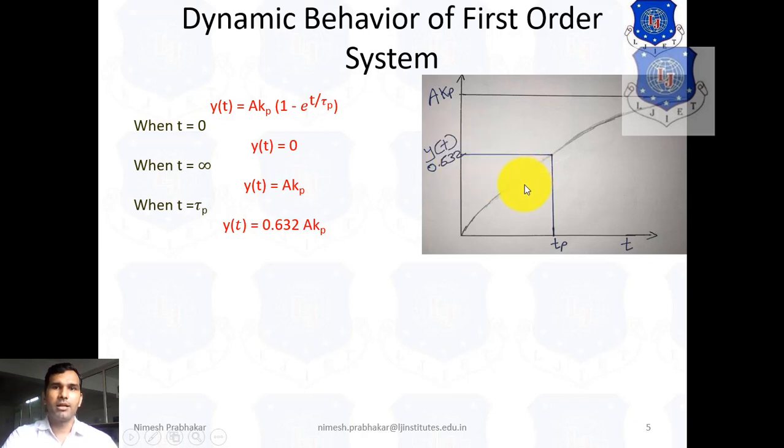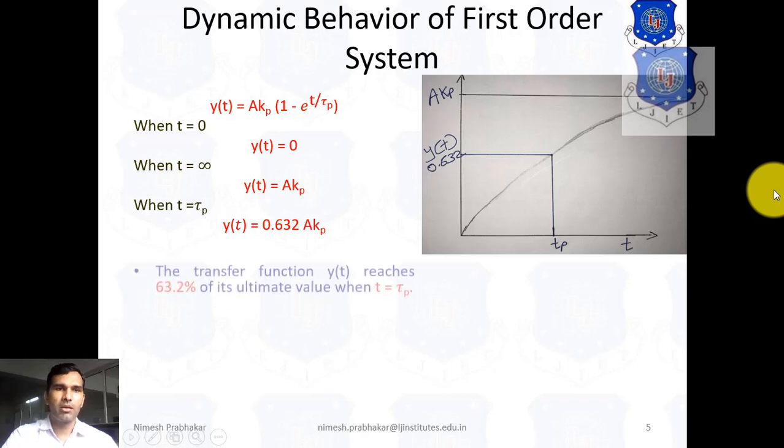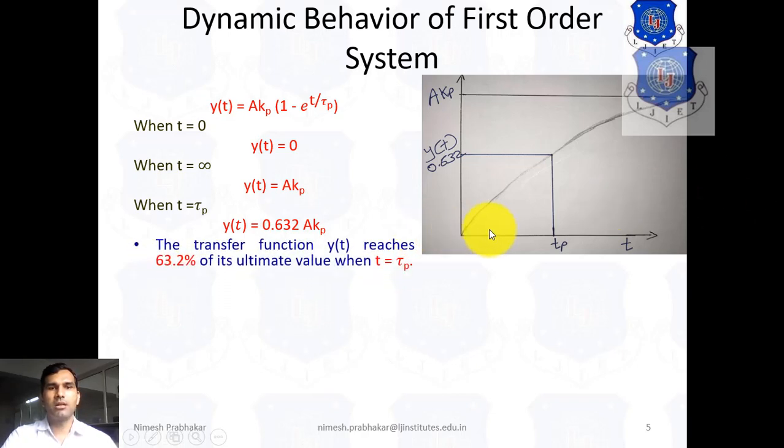So from this graph we can see the behavior of the first order system in a progressive manner, and here it reaches the maximum value. So the response y of t reaches 63.2 percent of its ultimate value when t is equal to tau p.